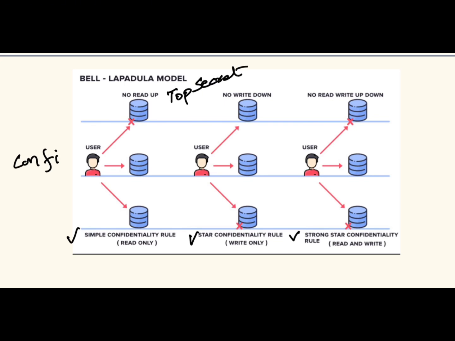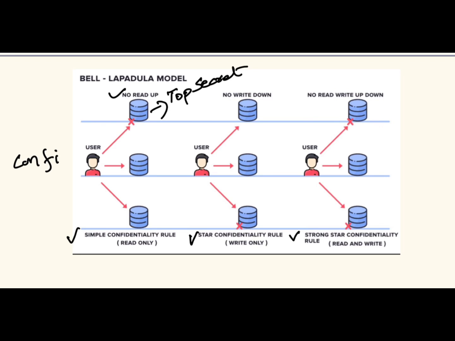This particular user cannot read data labeled top secret. So here you can see no read up. This user is at a lower confidentiality level and cannot read up. Up means data classified top secret.